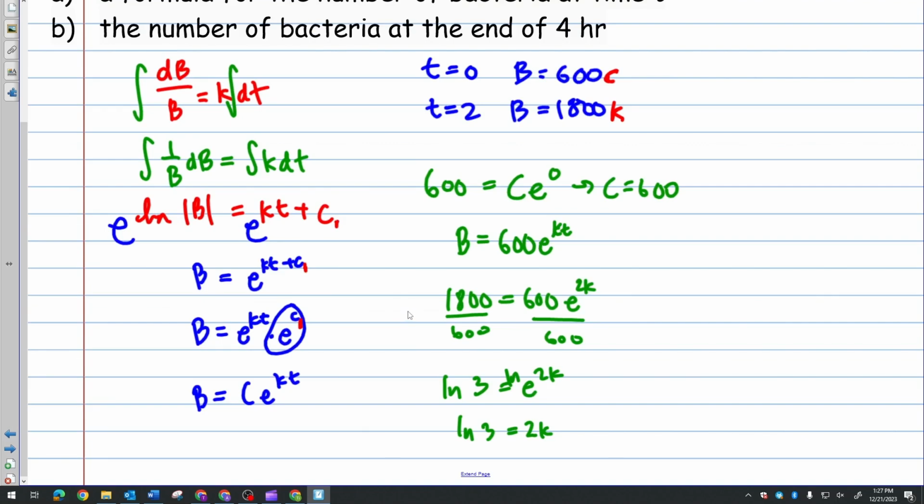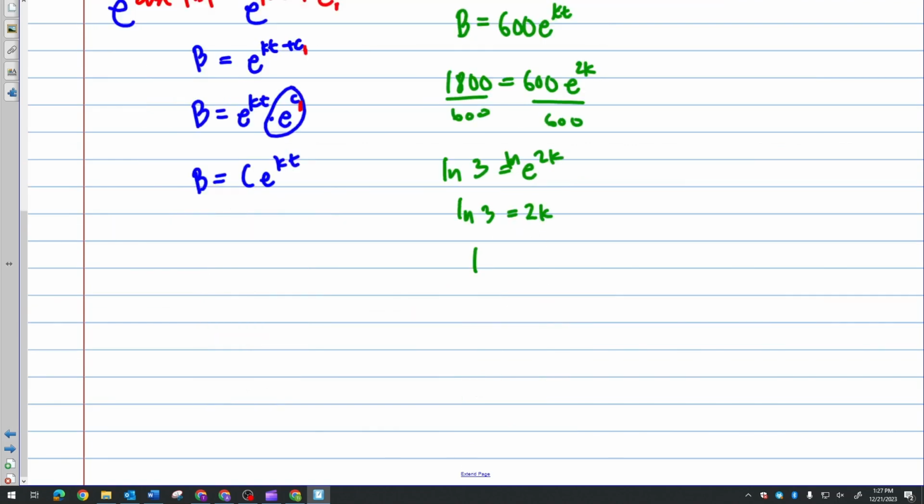And then finally, I solve for k, so I get k is equal to ln of 3 over 2. Make sure you understand this is not the same as ln of 3 over 2. That's something completely different, so please make sure your algebra is good here.